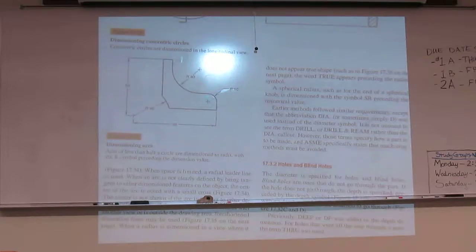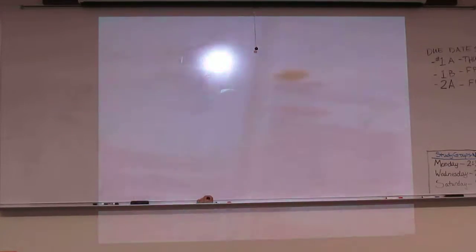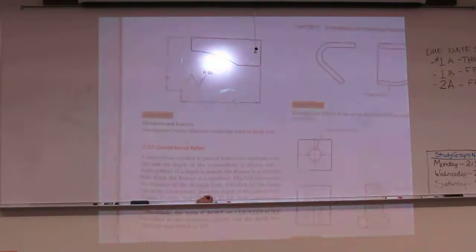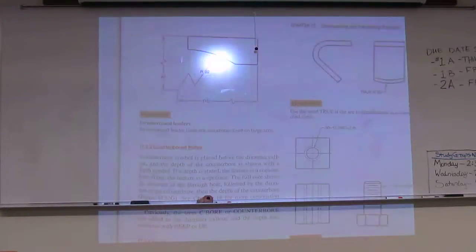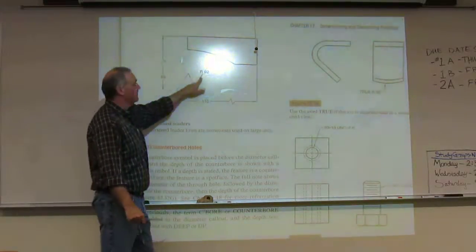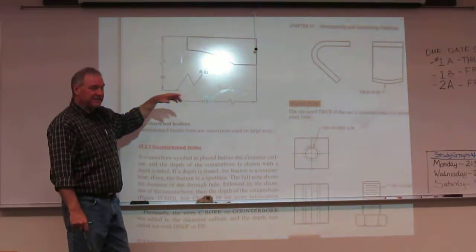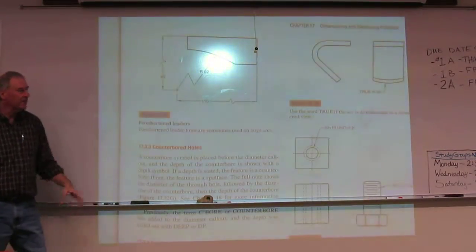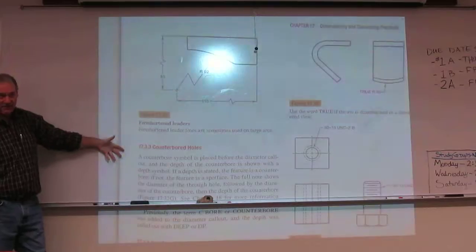Now, what happens when we've got a center that is way off the object, like is shown in figure 1735? This guy. What does this mean? This is actually the radius, but our center is going to fall off the page.